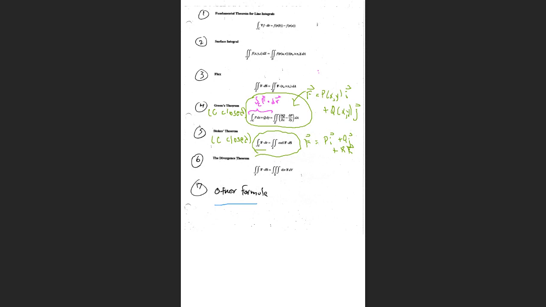Okay, does that make sense? Green's theorem is two-dimensional. It's for two-dimensional closed paths. Stokes' theorem is for three-dimensional closed paths. So we have to use choice 5.